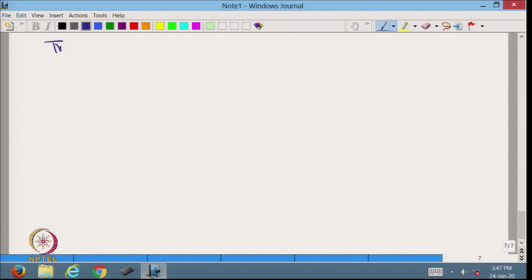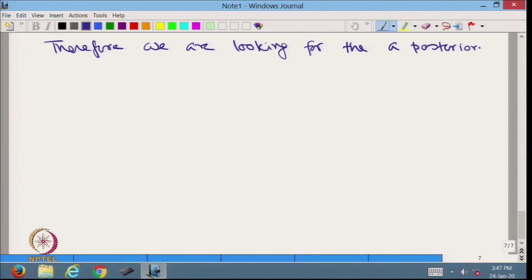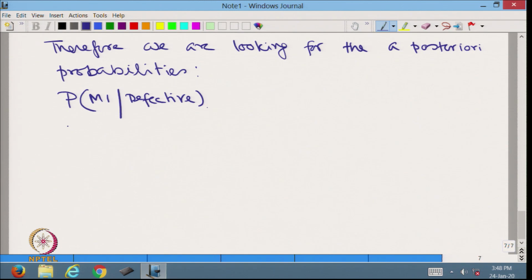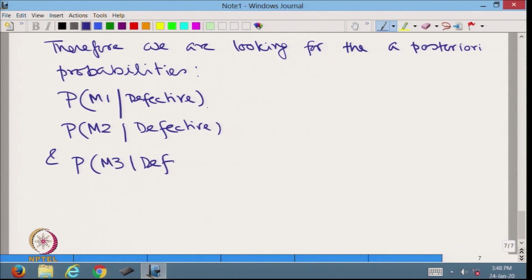Therefore, we are looking for the a posteriori probabilities: probability of M1 given defective, probability of M2 given defective, and probability of M3 given defective.